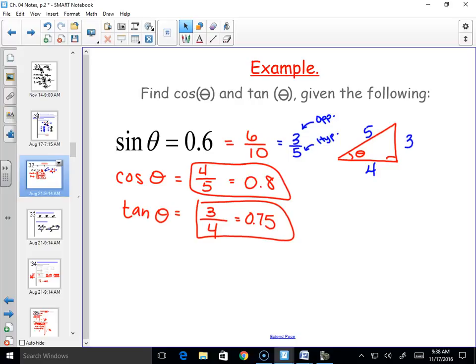That means another way to rotate here besides 60. The middle one? I could subtract 360 and get negative 300. I could also go 360 and another 60.